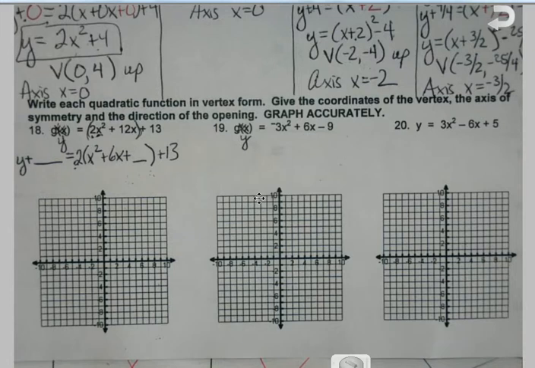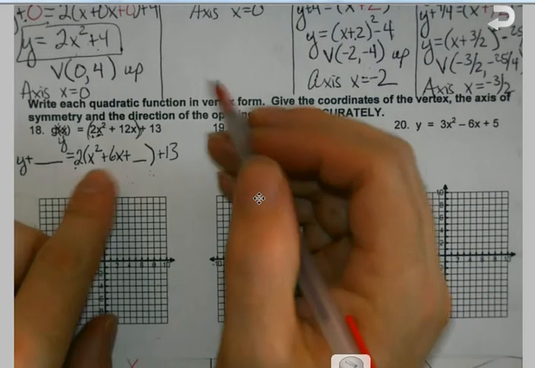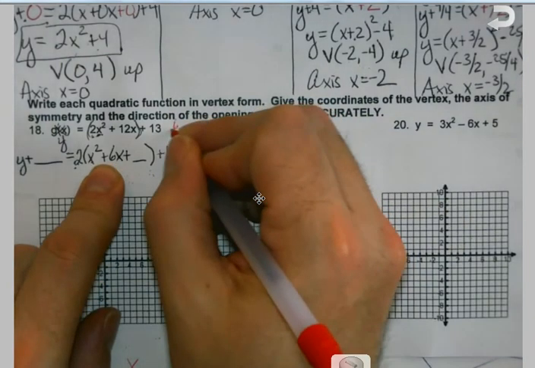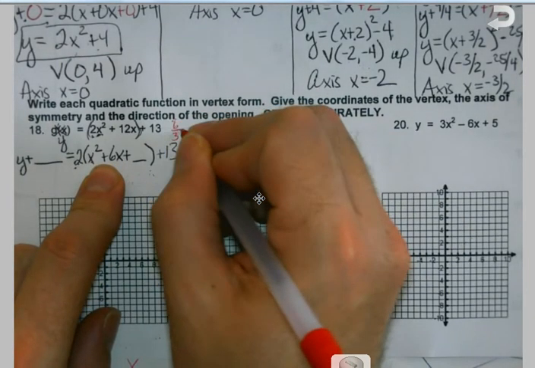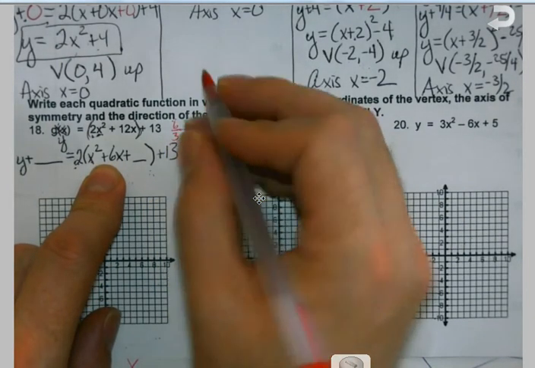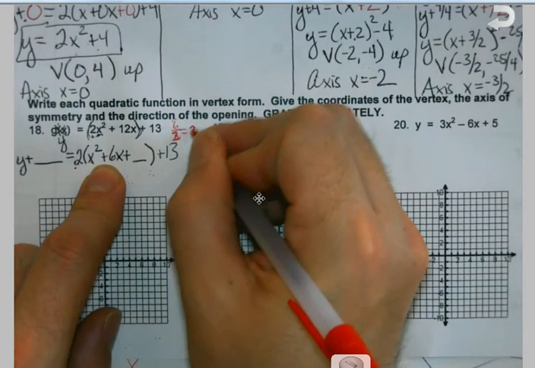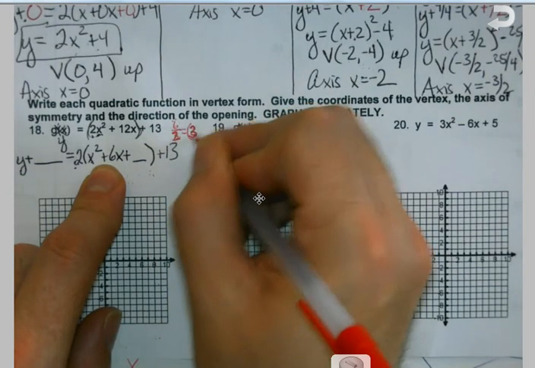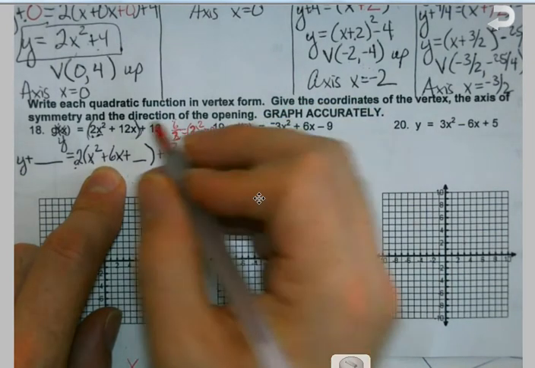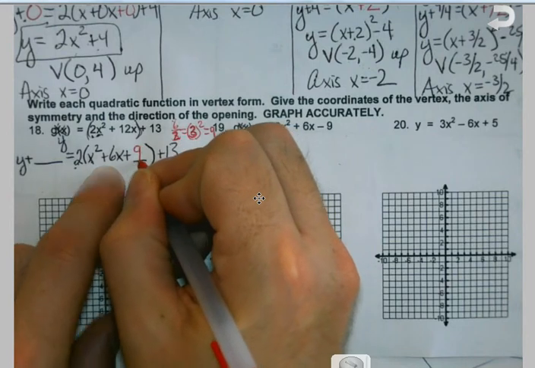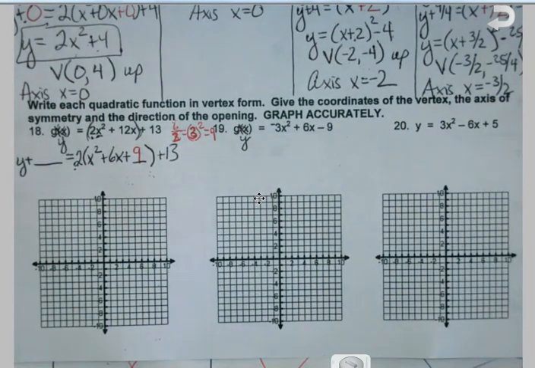Now this is the part that gets a little interesting, so stick with me here. We're still doing b divided by 2. So that would be 6 divided by 2, which is 3, and square it. This one's 9. Now get ready to be amazed.